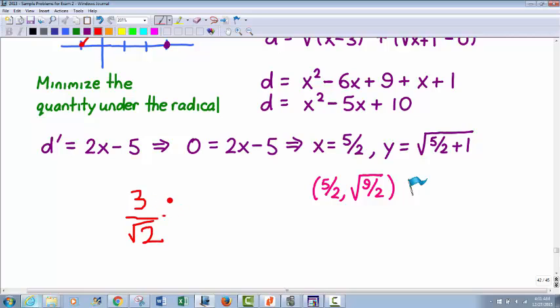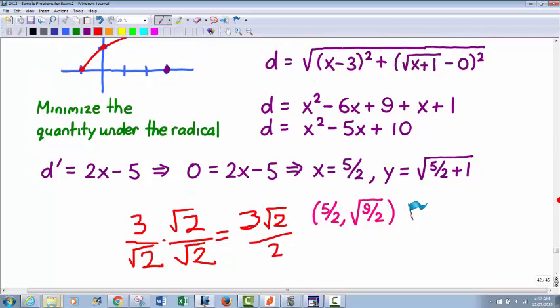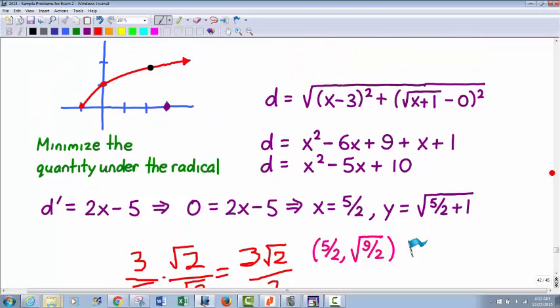But you might be looking for this as an answer, so you might see the y coordinate as 3 square root of 2 over 2. Same number. Of course, you could also check with a calculator which one has the same decimal equivalent.